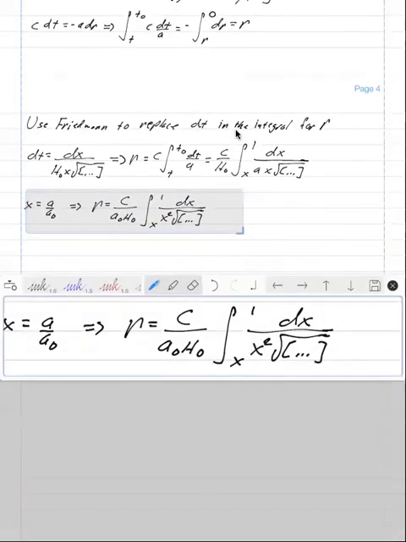And you notice that c over H naught is a characteristic Hubble distance, and we're dividing by a naught, the scale of the universe. So this co-moving distance, I'll remind you, is a dimensionless co-moving distance. It's c over H naught divided by a naught.